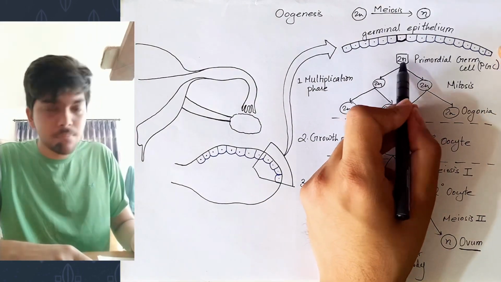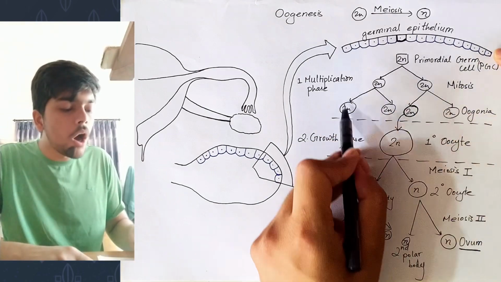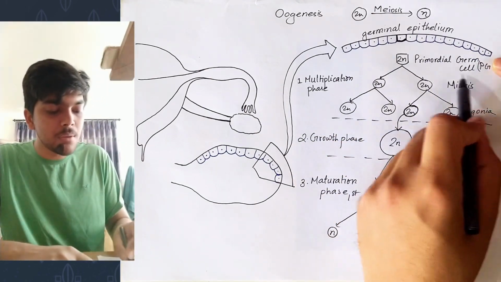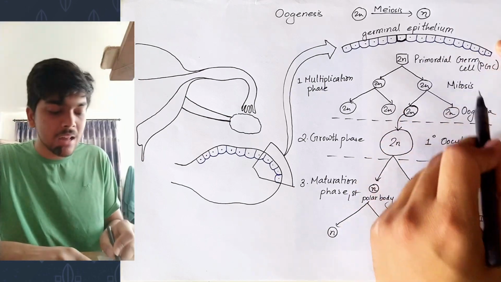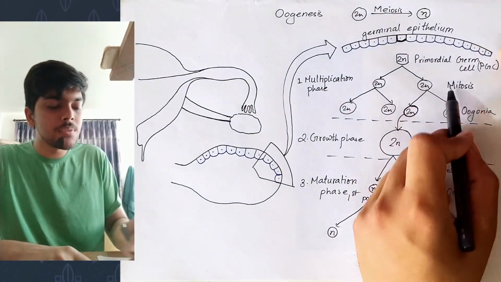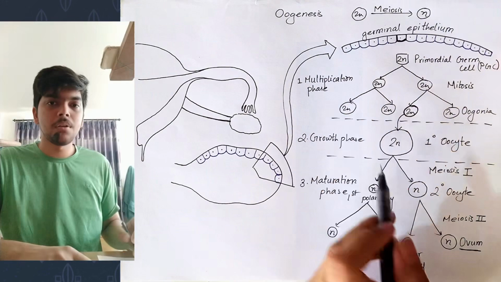This primordial germ cell goes through the process of mitosis to form many other germ cells. These other germ cells formed by mitosis of primordial germ cell are called oogonia. And this particular phase where the primordial germ cell multiplies into other germ cells is called multiplication phase.